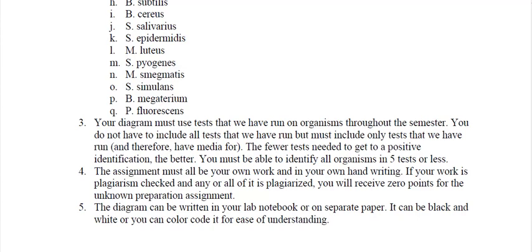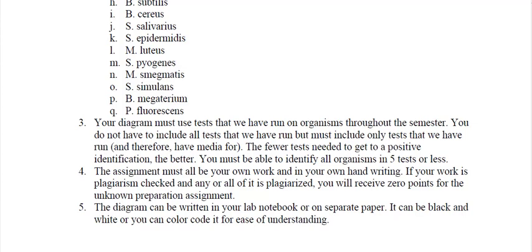Also, the fewer tests that are needed to get a positive identification, the better. So imagine if you actually are in the laboratory. Another piece to this unknown assignment is to prepare you for perhaps working in a laboratory. So if you were getting samples from patients and you need to identify what bacteria they have, or virus, but if you knew it was a bacteria at this point, you would not go into the laboratory and just take every single test that is available to you, every test possible in the entire laboratory, and swab and swipe and dip on every single test, because that would be an incredible waste of resources.